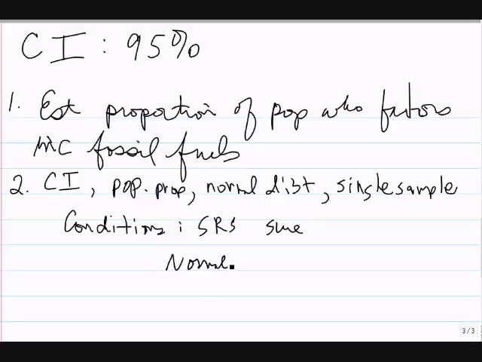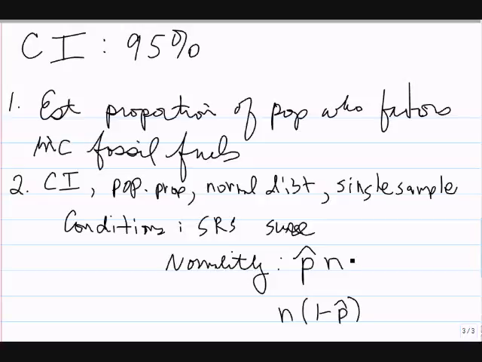Normality. For my normality check for a confidence interval, we use p hat times n and n times 1 minus p hat. Okay? It's still got to be greater than or equal to 10, but we're not using 0.5.